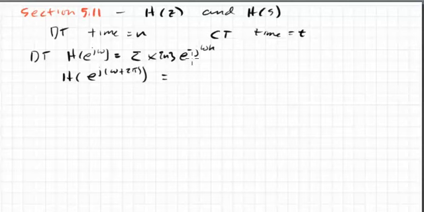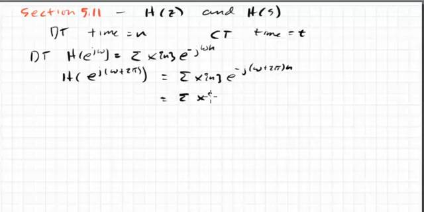We'll replace it here as well, and then expand and factor this exponent. Of course, nothing happens to x[n], but we get e^(-jωn), that's when we factor out the first part, and e^(-j2πn).